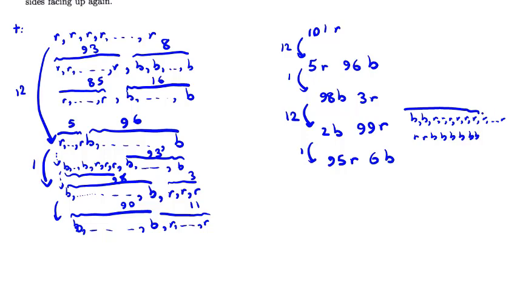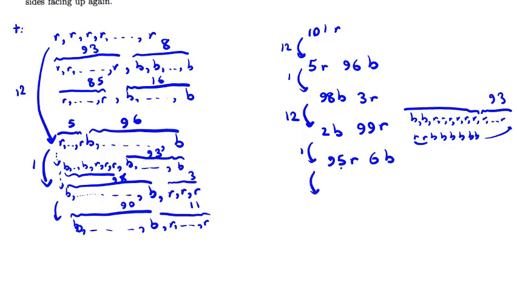So you have 2R here. How many R do we have in this case? So you had 2 here and 6 here, 8. We have 93 here. When you place 93 and 2R, when you place it to the bottom, you have these 2R and 93R, 95R, and then 6B.